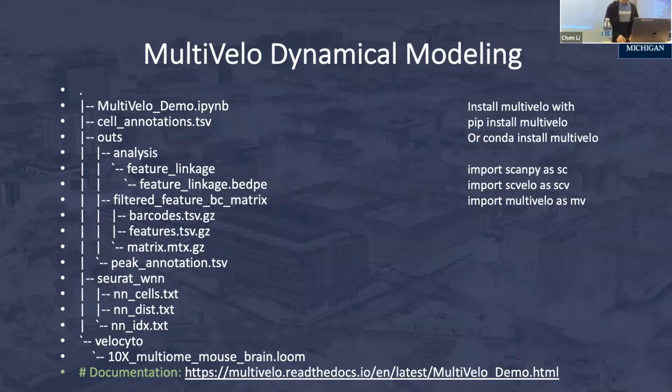One way I want to see the RNA velocity is that it is really a method that extends the single modality data set into a multi-modality data set by treating the unspliced and spliced data separately. And then you can install with pip or conda and import using Python as multivelo.